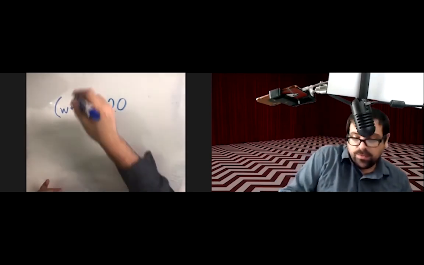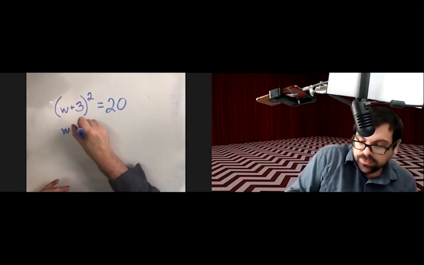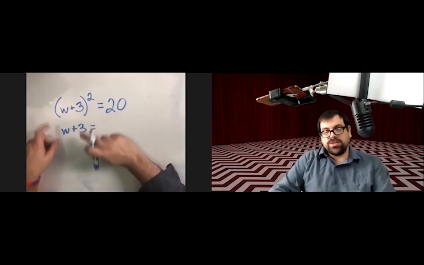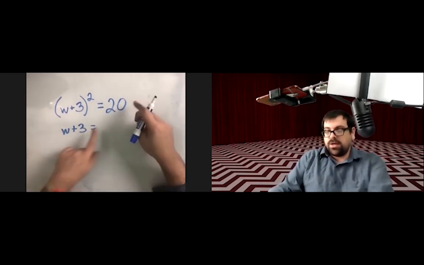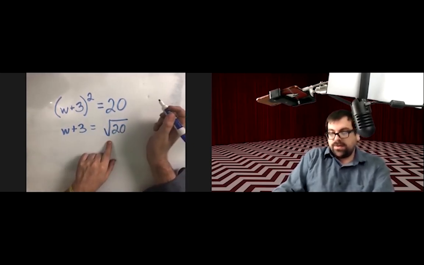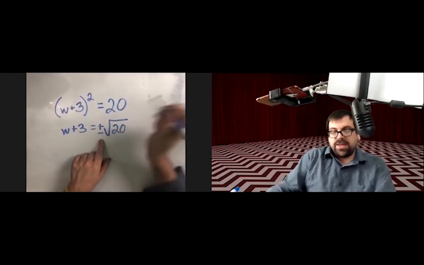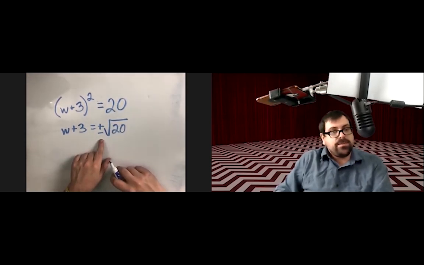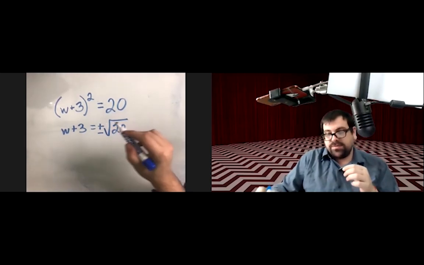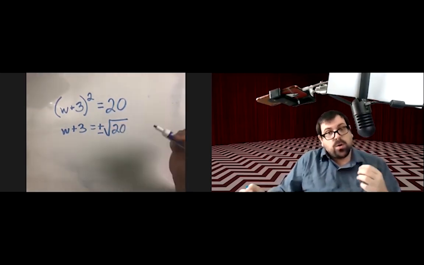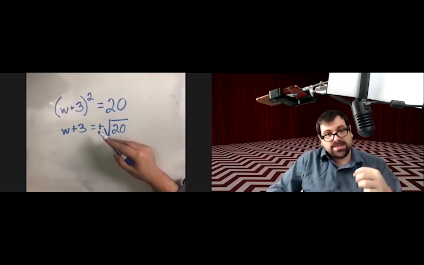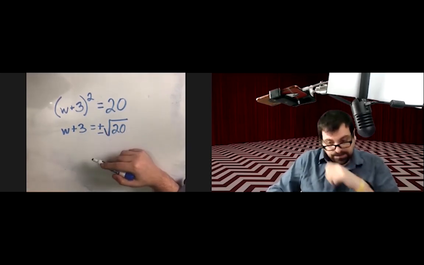Being careful that whenever we take the square root of something, here the square and the square root are just canceling each other out, but here we're taking the square root of 20. We want to make sure we have that plus or minus sign. Why? Because it's two answers, positive square root of 20 or negative square root of 20.